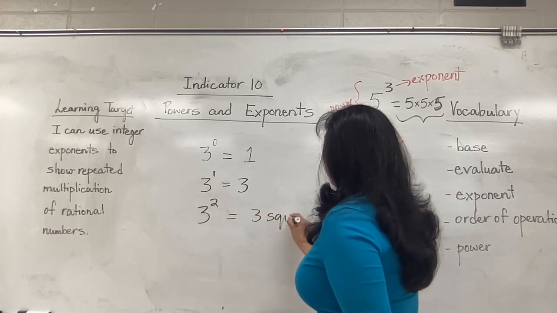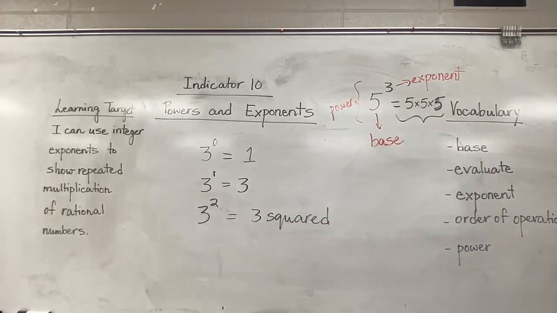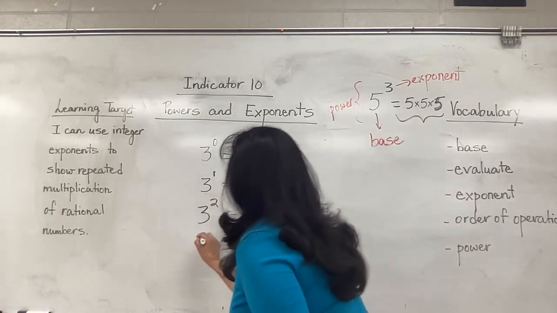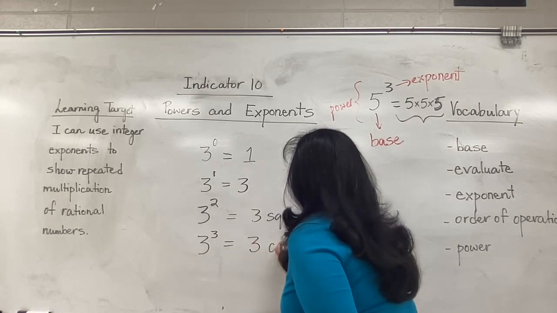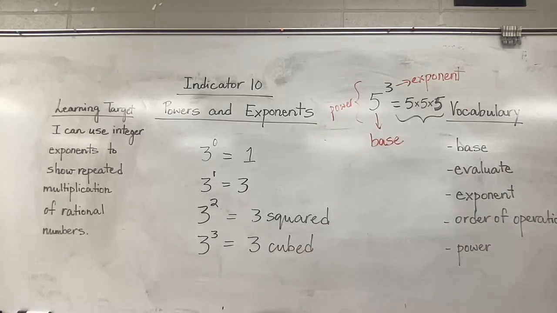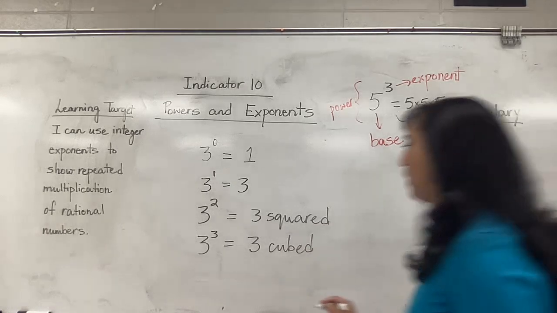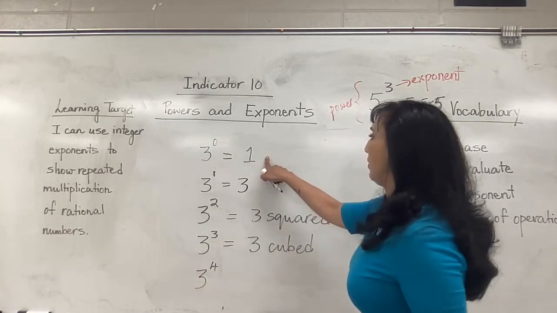I just want you to see how you write it and how you say it. It's 3 squared. And then 3 to the third power, you actually say 3 cubed. And then you have 3 to the fourth power. So this one is 1.